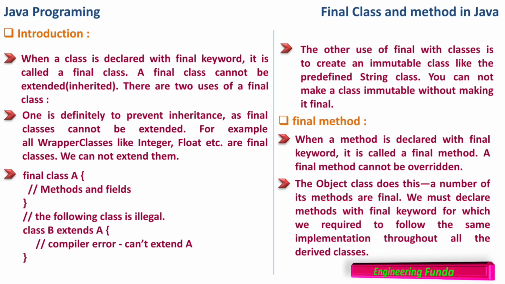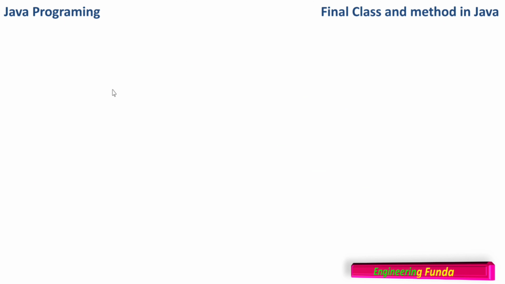We want that println should work as it is defined. So this println method is declared as a final method. One cannot extend the class and change that method as per one's own wish and understanding. It should have the same implementation throughout all the derived classes.